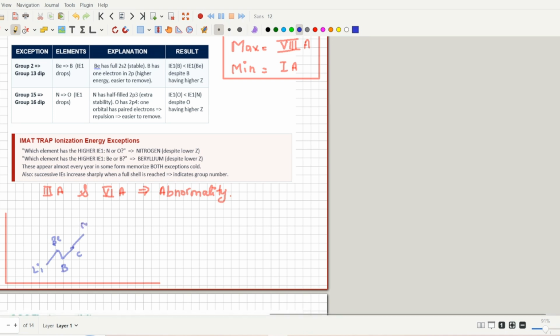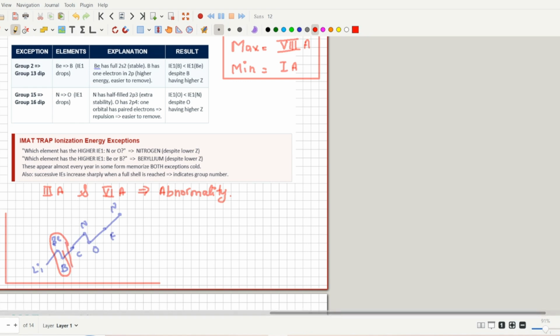Then you have nitrogen, but it goes down. That is an exception. You have oxygen, and then it goes up again. Then you have fluorine, and then neon. So as you can see, the graph should have been going smoothly upward, but you saw two exceptions. The first exception was beryllium and boron. The next exception was nitrogen and oxygen.